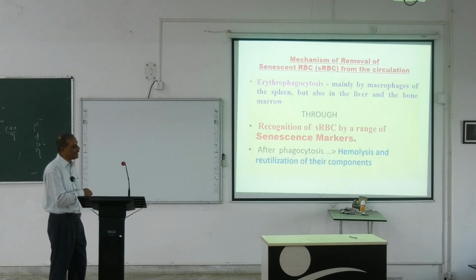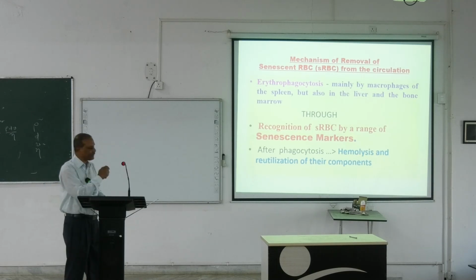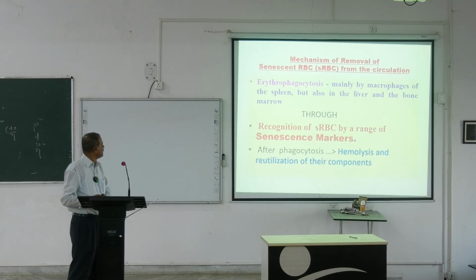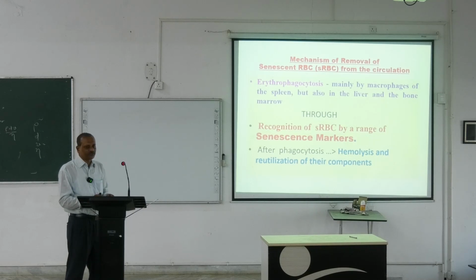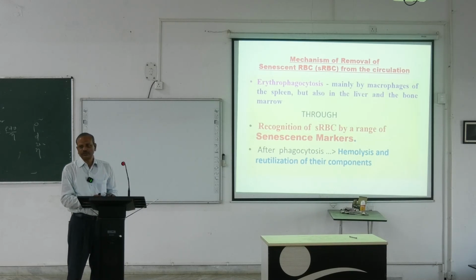So the mechanism by which this RBC is removed, write down one part: erythrophagocytosis. This is done mainly by the macrophages of the spleen and also in the liver and bone marrow. This process is called erythrophagocytosis because they are phagocytosing that dead RBC.